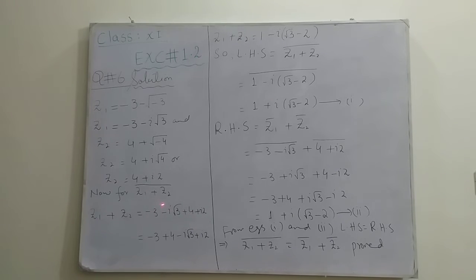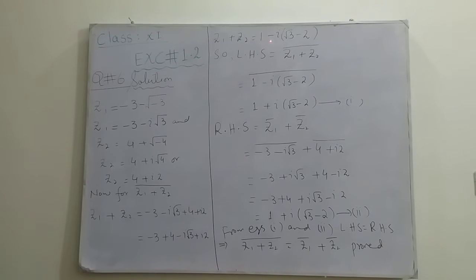Now adding real part with real and imaginary with imaginary, we have minus 3 plus 4 and minus iota square root 3 plus iota 2. Now it gives 1. Taking minus iota common, we have minus iota into (square root 3 minus 2). So left hand side is equal to (z1 plus z2) whole conjugate. Putting value of z1 plus z2, which is equal to 1 minus iota (square root 3 minus 2).